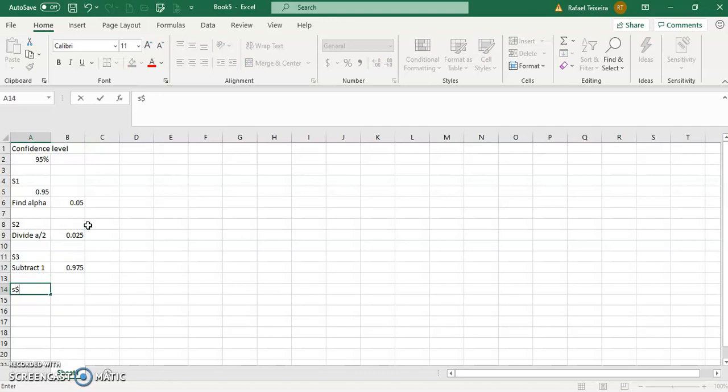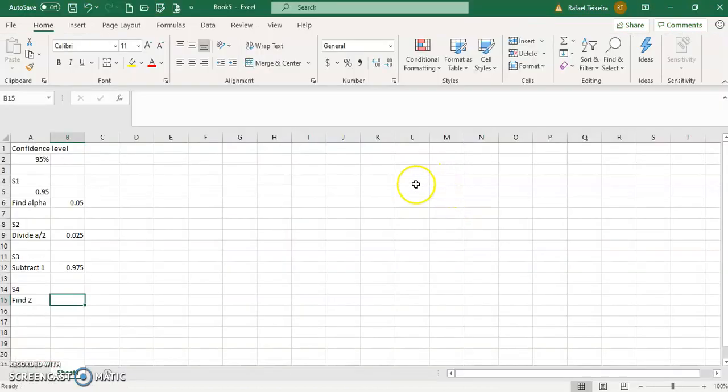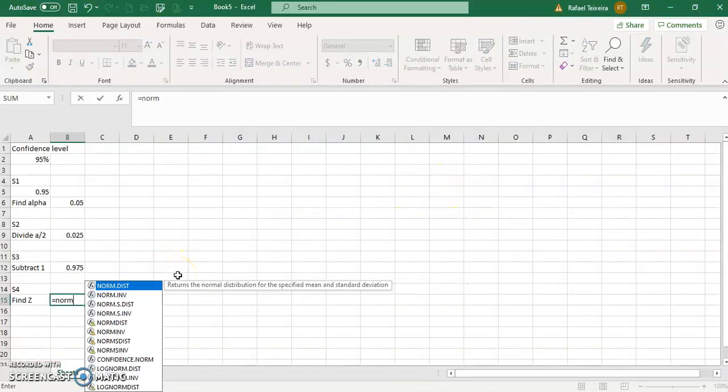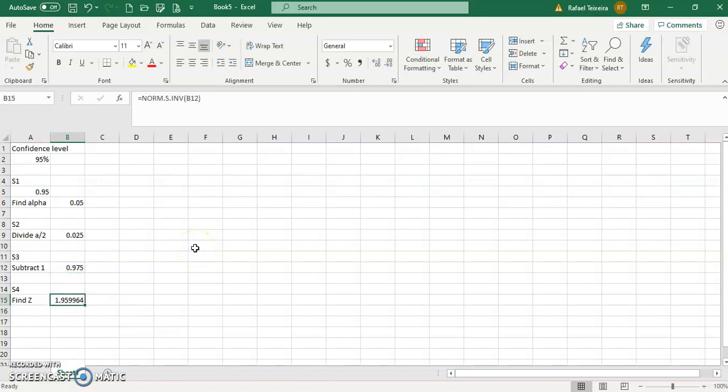Then step 3, subtract from 1, so equal 1 minus this number here. And step number 4 is use Excel to find z. So all you want is to find the z associated with this confidence level, so you can go back to the formula in the background and apply it and solve the problem. So how do you find that? You use the formula NORM.S.INV. Because this is inverse, I know the probability, which is 0.975 in this case, and I want to find the z associated with this probability, which is 1.96.